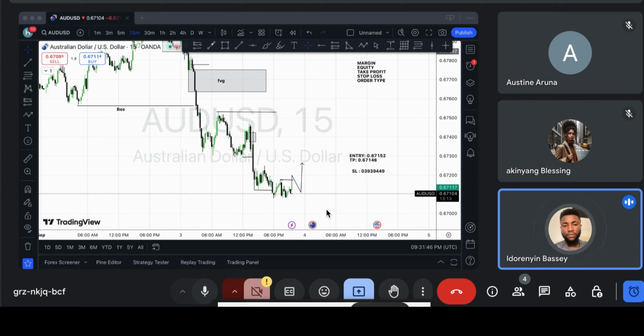So the next one we are going to be looking at is forex analysis, and we're going to try to make this class as fast as possible. We're going to enter the technical analysis. I know some of you are eager to reach that part, but there's no way I can go to that part without explaining all these basic stuff that you're supposed to know.